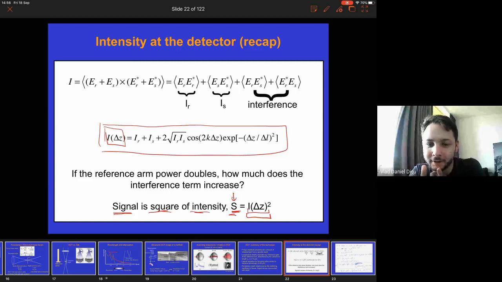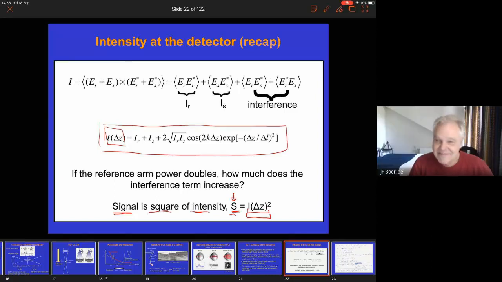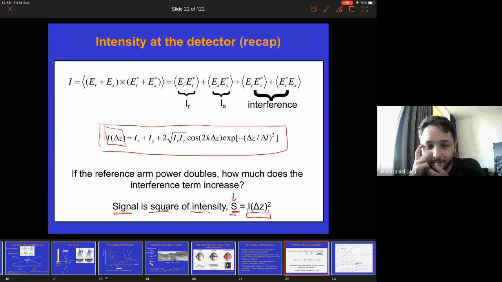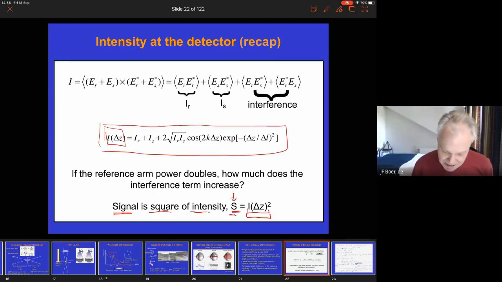Because it's the double, it's the squared of the root square of 2, right? Yeah. And so I type that into my calculator and I get 2, right? Yeah. Okay. So now in this case, if we define our signal as the intensity that we measure with our detector and then squared, our signal doubles when we increase the reference arm power.